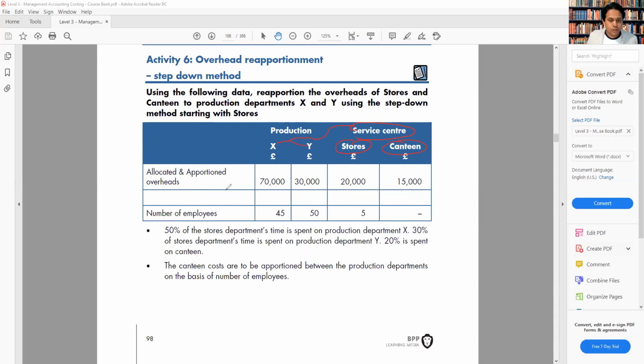Allocated and apportioned overhead 70, 30, 20, 15. Number of employees 45, 50, and 5. Read the first one.